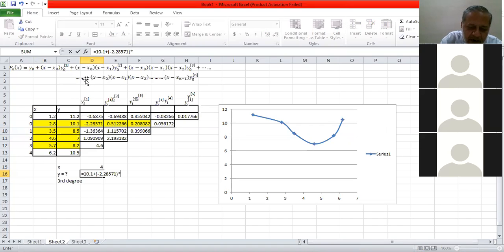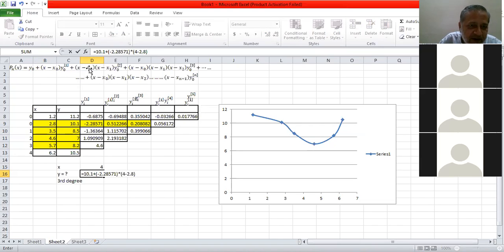So where is my x? My x is 4. इस पे कि मैं estimate कर रहा हूँ. So 4 minus x naught. My selected x naught, y naught are these. So 2.8. I have written this term of the formula.